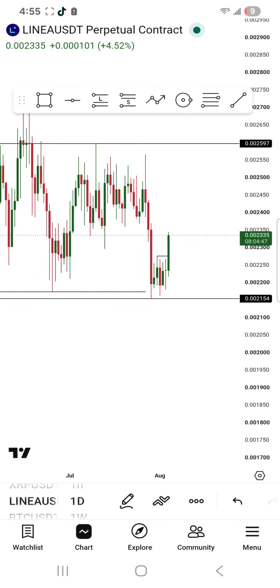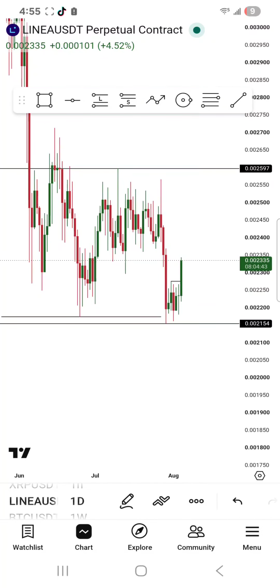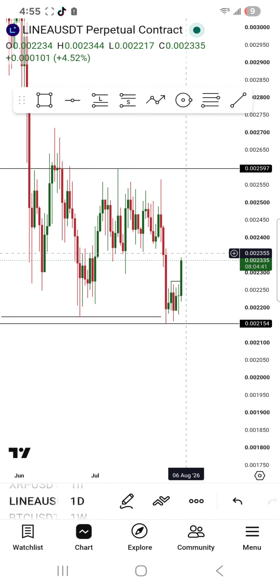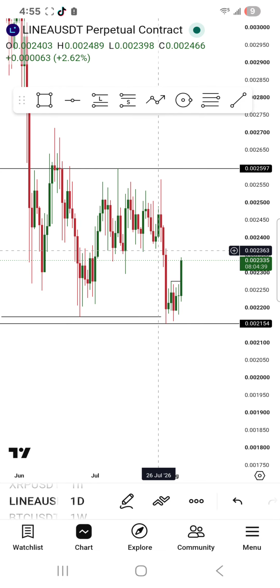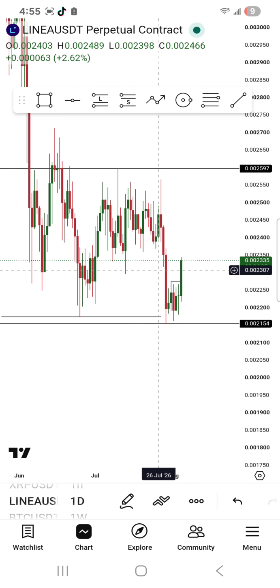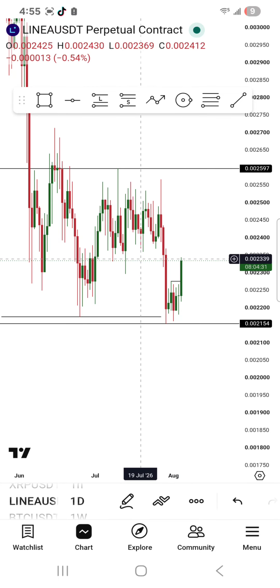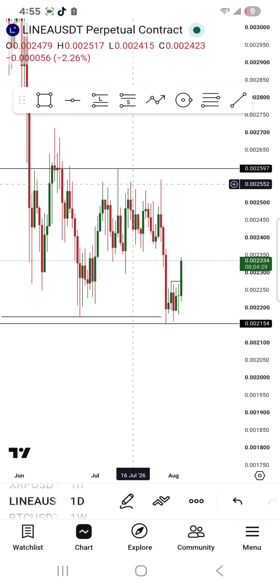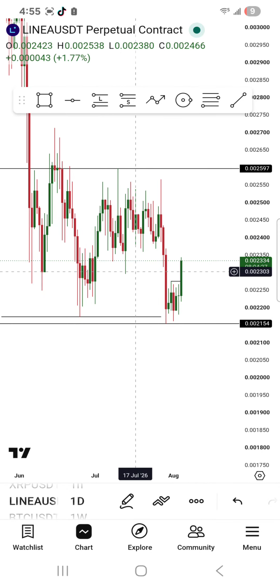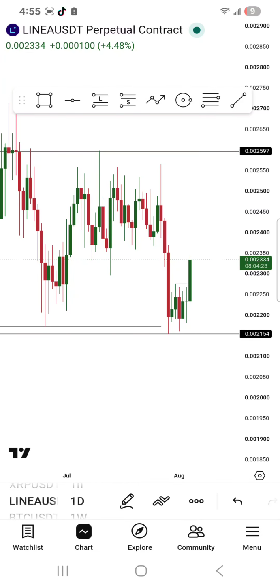Let's see, we have a change of character at this area. This is the bigger structure for it. Price broke structure to the upside at this level and then created a change of character. Good. Okay, we have a structure here now.